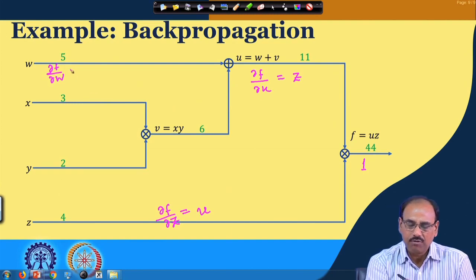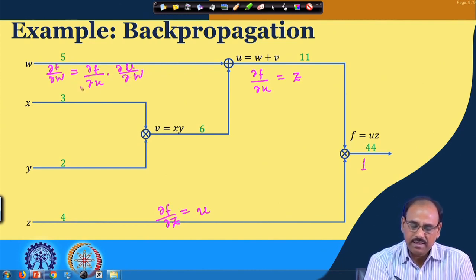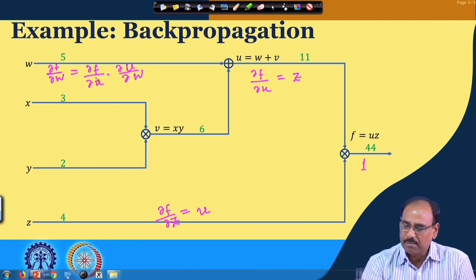So, I have to make use of del f del u in this case, that has to be multiplied by del u del w. This is what I was saying, that del f del u is the back propagated gradient up to this point, and del u del w is the local gradient.